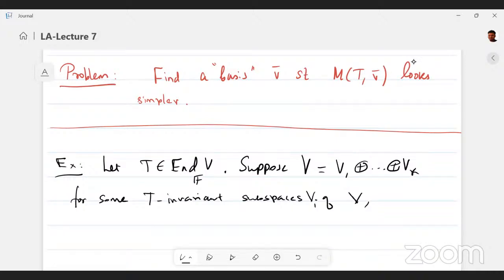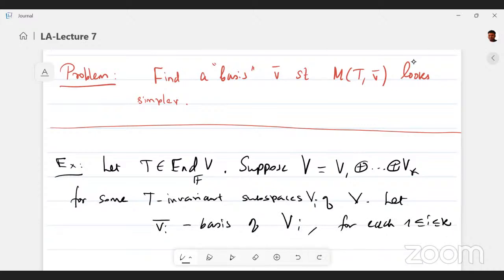So I choose a basis for each individual subspace V_i, let's call it V_i bar. So this is some basis of V_i for each i, which is also given to us.